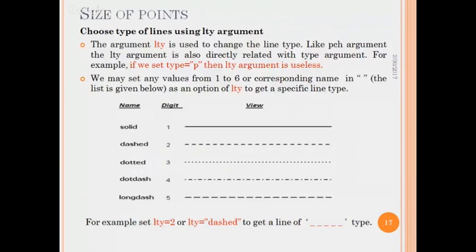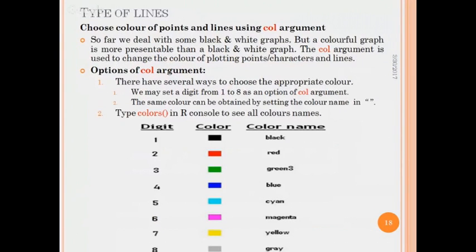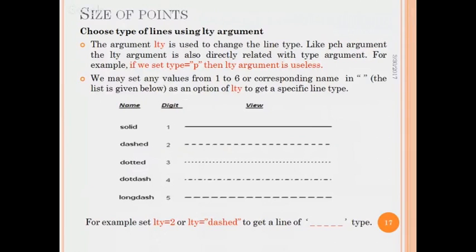So there are two ways. You can specify the argument value either using a numerical value, 1, 2, 3, 4, 5 options, or you can specify LTY equals to double quotes, and within double quotes you can write solid. I have given one example at the end of this slide.